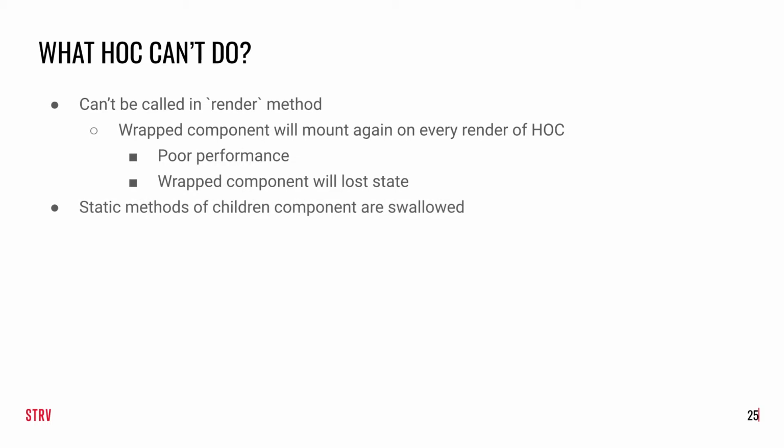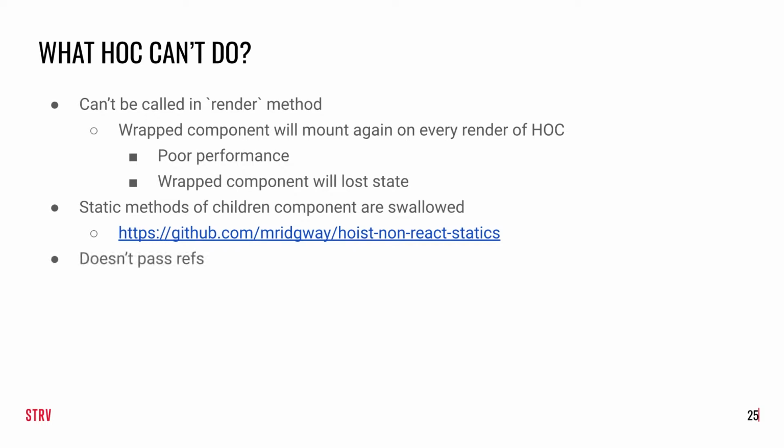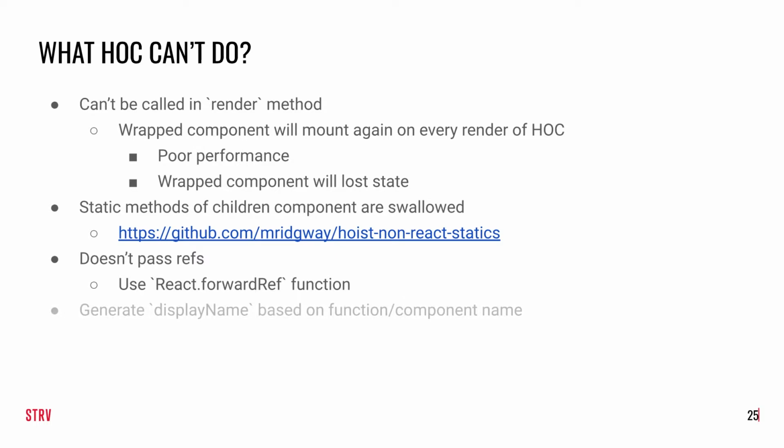Also, when you are using static methods in components, they are swallowed by design, so you need to use, for example, this library that will help you to fix this issue. And HOCs don't pass any refs, so you need to use the React forwardRef function.